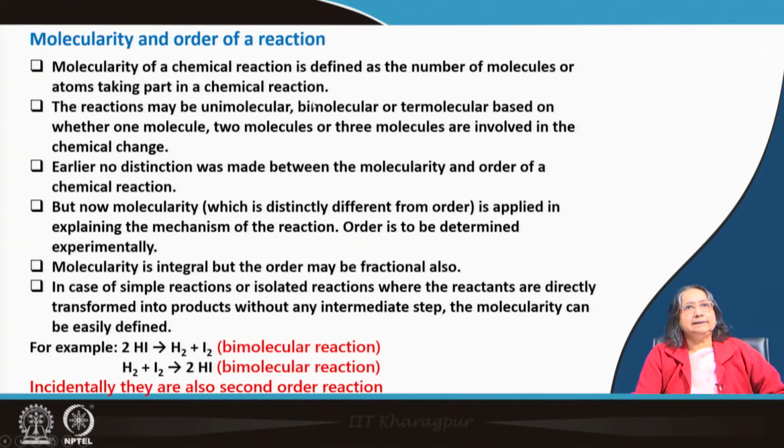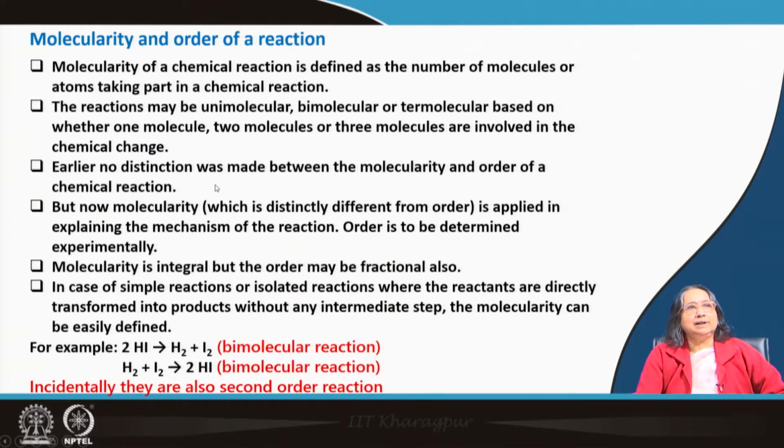In that sense, the reaction may be unimolecular, where only one molecule is reacting, then it can be bimolecular, where two molecules are reacting, or termolecular, where three molecules are reacting. And earlier we did not distinguish between the molecularity and order of a chemical reaction.